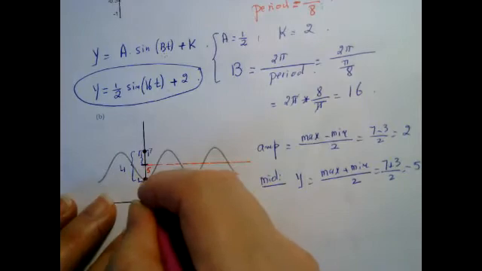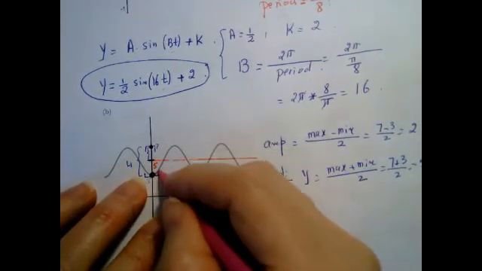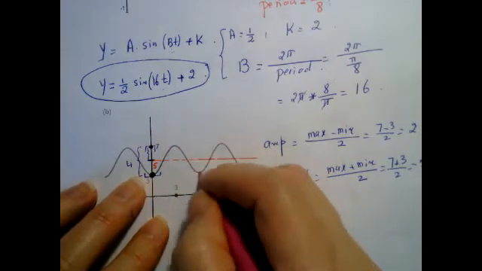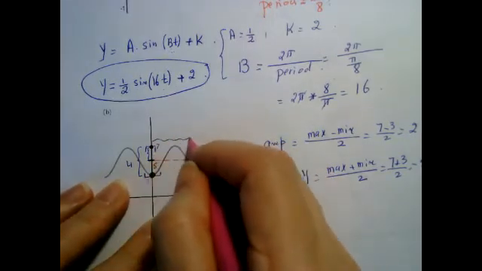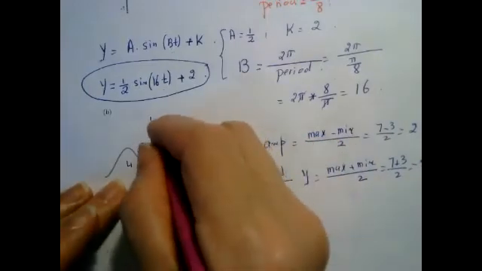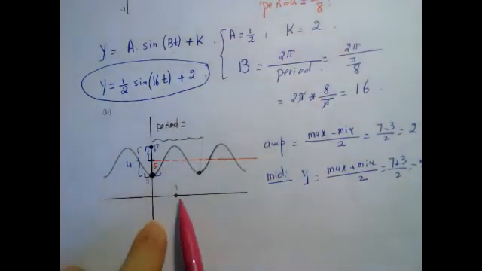Now the period. Okay, I start from here and ask myself, where do I start repeating? I go up, down, up to here. So this is where the cycle repeats, and then the graph starts repeating itself. So that's a cycle. So what's the period?